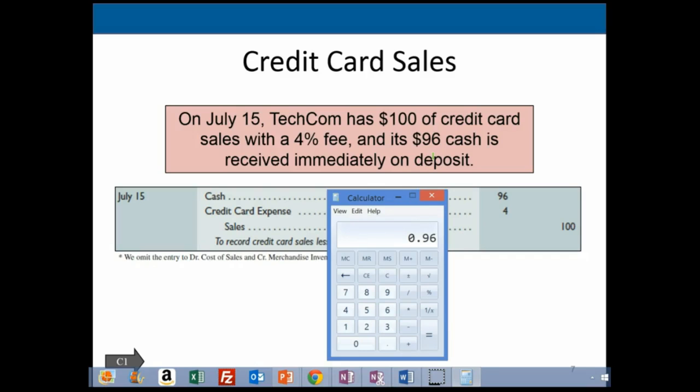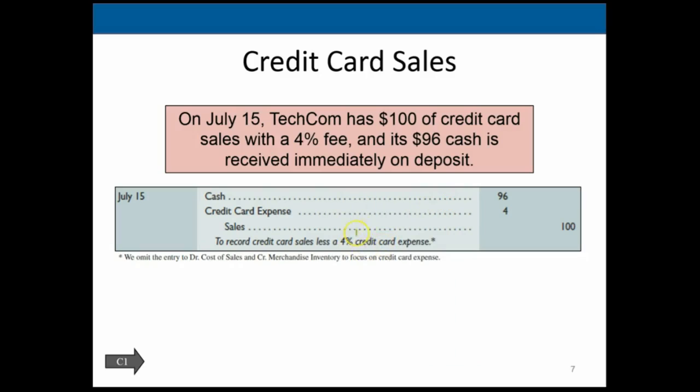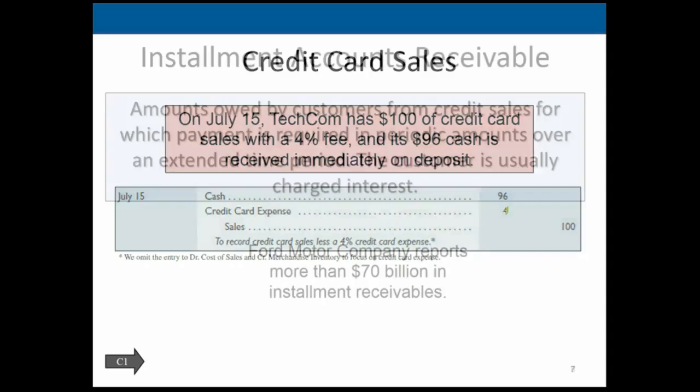So we can also take 96%, if we move the decimal 2 places over, times the 100, and that would be 2 ways to calculate that $96 there. So cash is going to go up by the 96. We're going to credit sales for the entire sales price because the customer paid 100, and then the difference would have to go to credit card expense, the expense of us using the credit card in this particular sale.